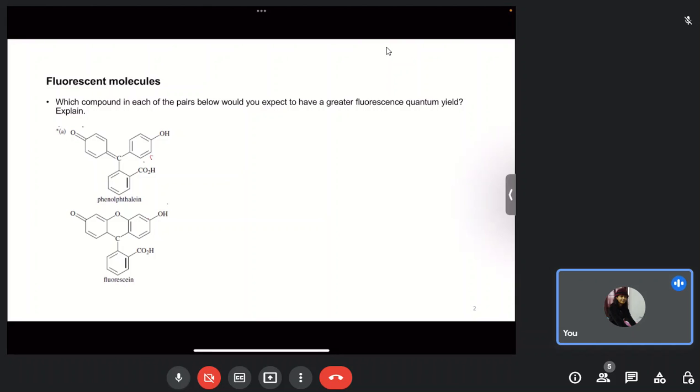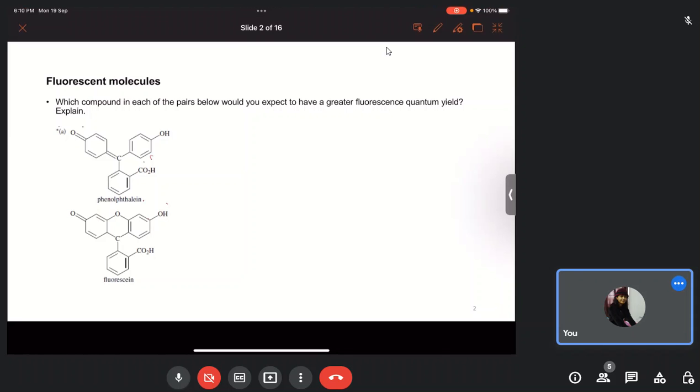We have been taught in class certain criteria for a fluorescent molecule: having a rigid structure, delocalized electrons, an intense absorption band, things like that. So we have to use those bases to distinguish which molecule is going to fluoresce better than the other one.